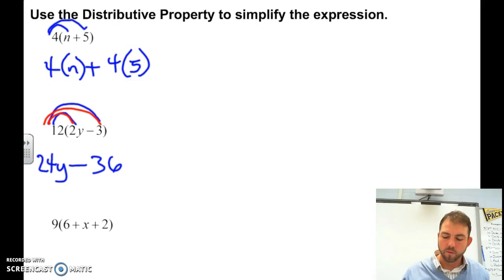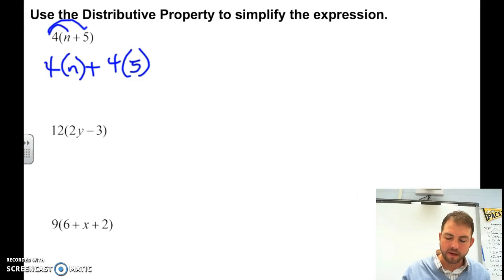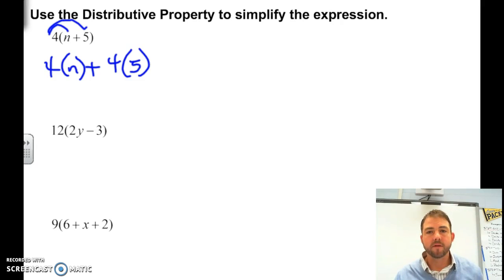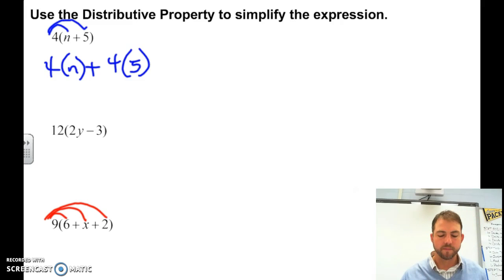All right, let's take a look at one more problem. Okay, I'm just creating some space here. Now, when we have 3 terms within the parentheses and we're multiplying, the rainbow method is a good way to think about it because now we're going to be creating 3 arcs here. We have to deliver the 9 to the 6, to the x, and to the 2.